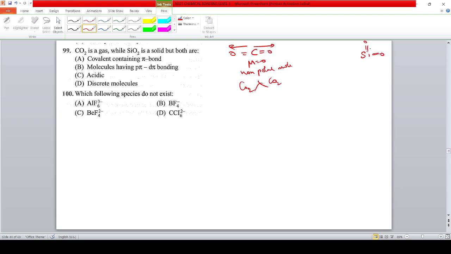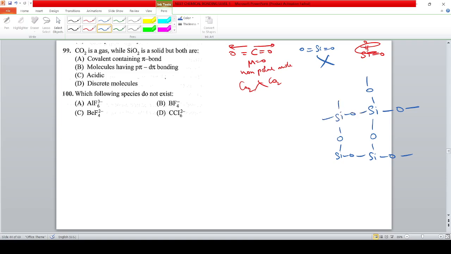You may think it is similar to carbon dioxide, SiO2 will be like this. No, it will be a polymer. So this double bond goes to the right and the bond here goes to the top. Similarly, I am writing another silica. Likewise, it will go on as a polymeric structure. That's why it is a solid.